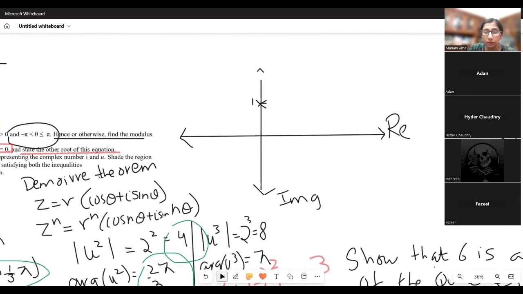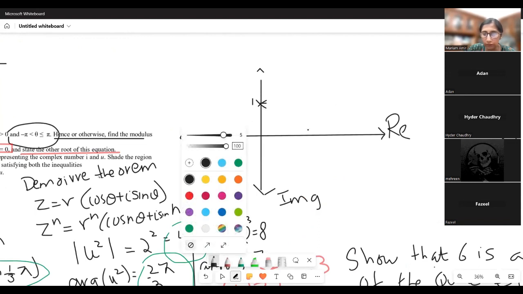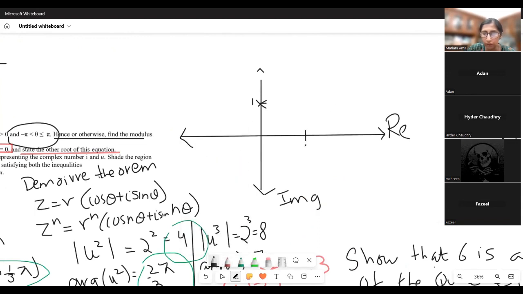So 1 is here. And let me quickly see that under root 3 की value क्या होती है. So 1 point something, 1.7. So it's going to be roughly somewhere underneath 2. So let's say according to the scale, this is 2. यहाँ पे कहीं है under root 3, 1.7 something.